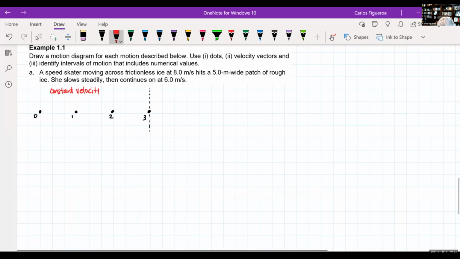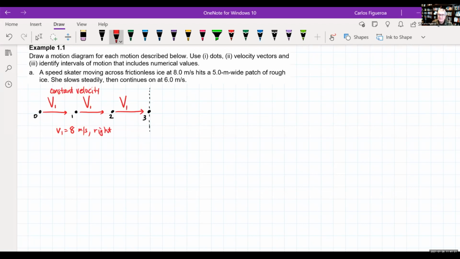So then I'm going to come in and do this. And so here's my constant velocity. So here's my V's. And because these V's are in the first interval, I'm going to call them 1. So I know that V1 is 8 meters per second, and I'm going to say to the right.